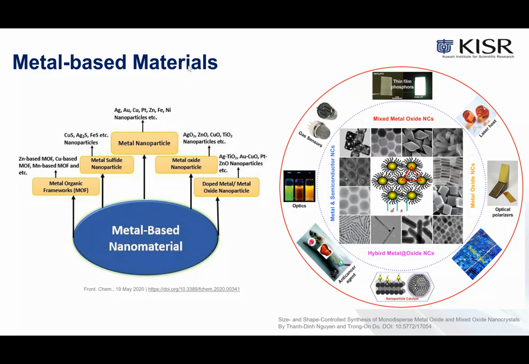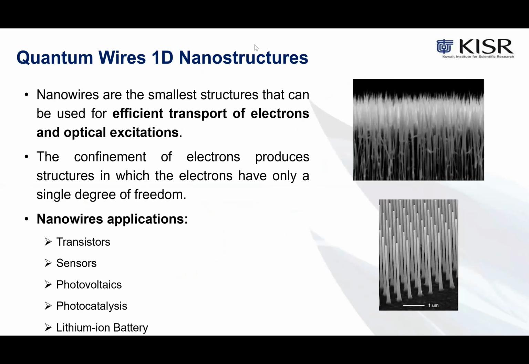The properties of the nanomaterial are drastically altered by shape and size, making them an ideal candidate for different and wide applications, such as catalysts, energy storage, optoelectronics, sensing, and in biomedicine as well.